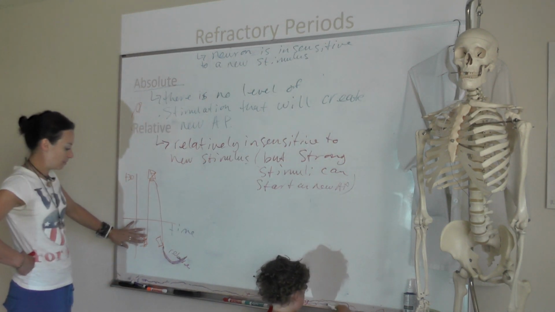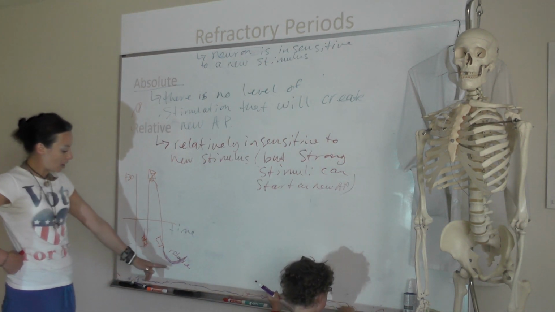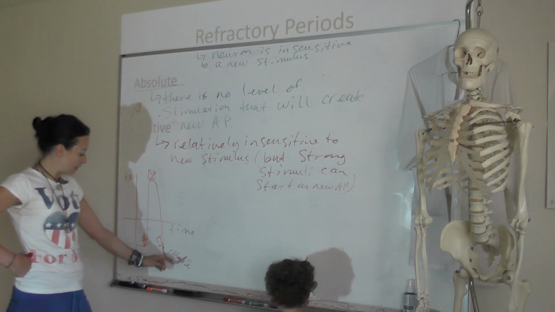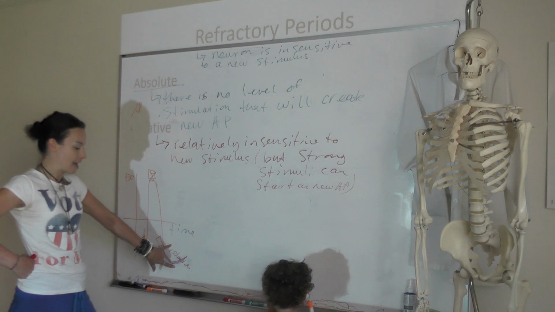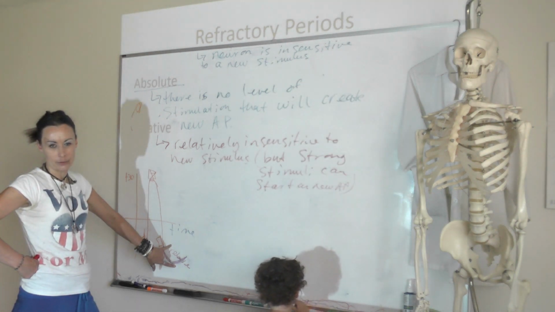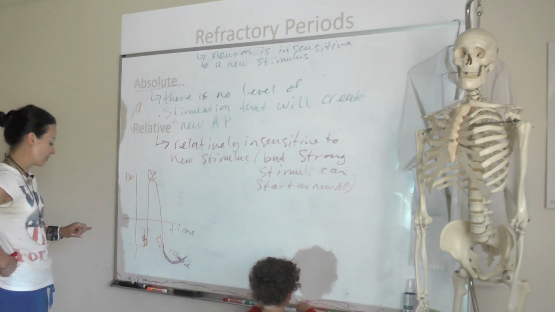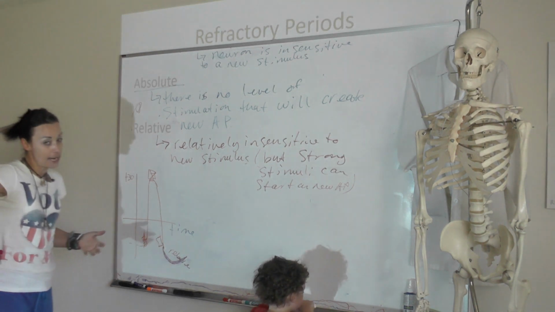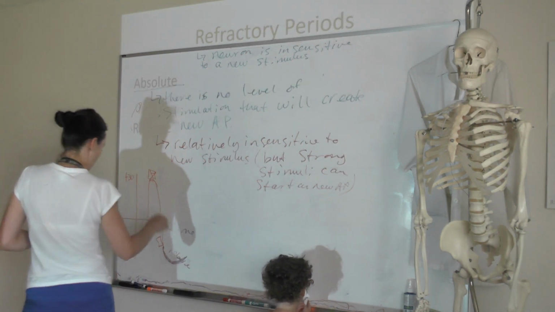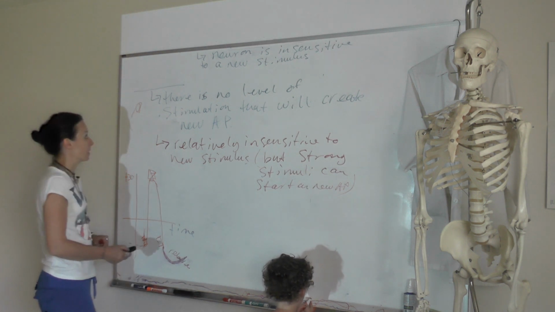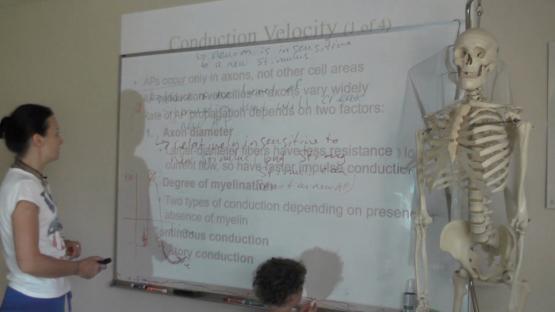Now, if I hit the neuron here and I want to open this channel, I've got to go from -90 to -55. So now I've got to overcome 35 millivolts instead of 15 millivolts. I can do it, I just have to want to do it real bad. So that is how the nervous system is going to code for stimulus intensity.